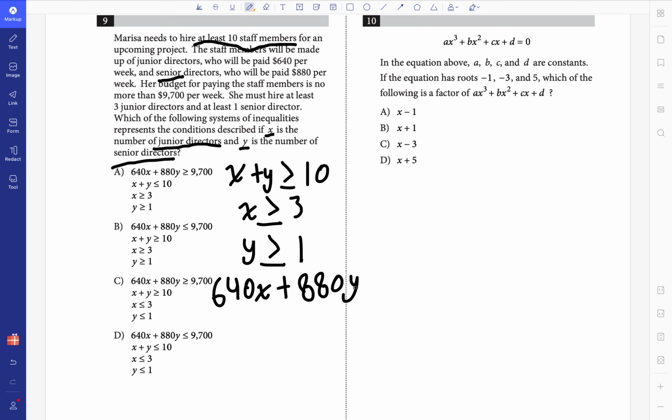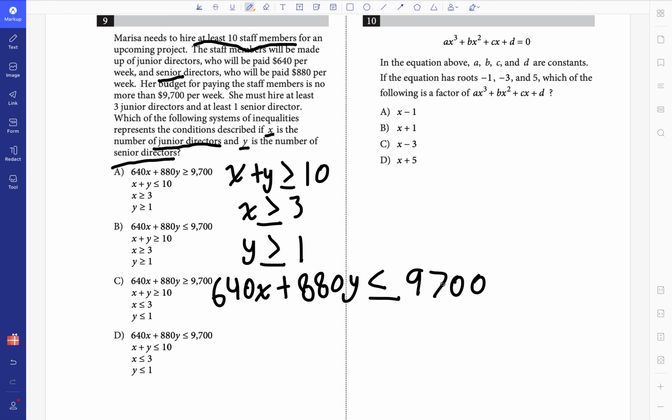So 880y has to be less than or equal to 9,700, because her budget is the total amount of money she has to pay them per week. Junior directors get paid $640 and senior directors get paid $880, with junior directors represented by x and senior by y.